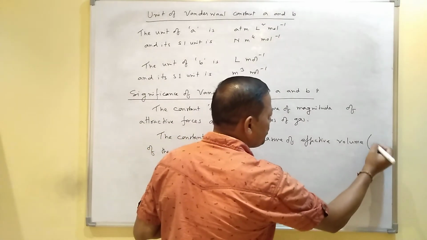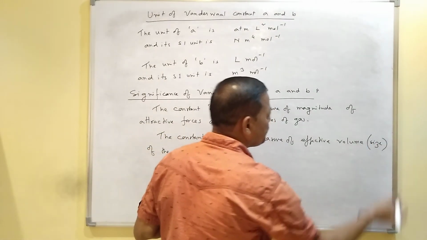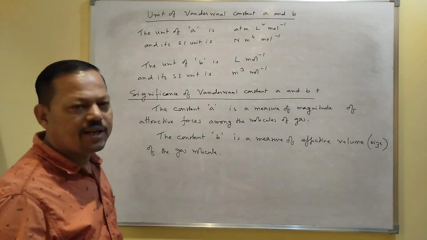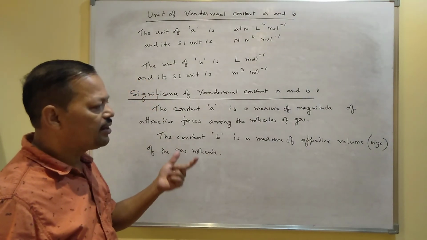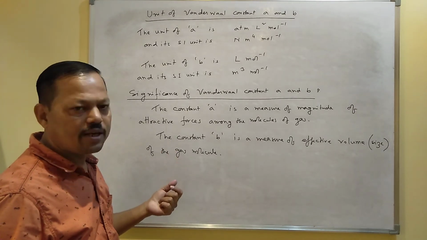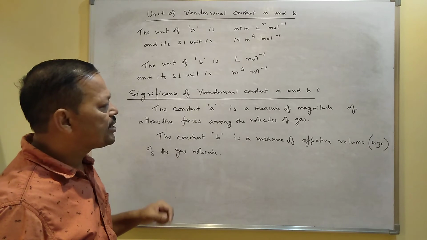Effective volume means you can consider size. According to the ideal gas equation, the volume of particles is said to be negligible, but van der Waals said that their sizes are somewhat larger as compared to the ideal gas equation.